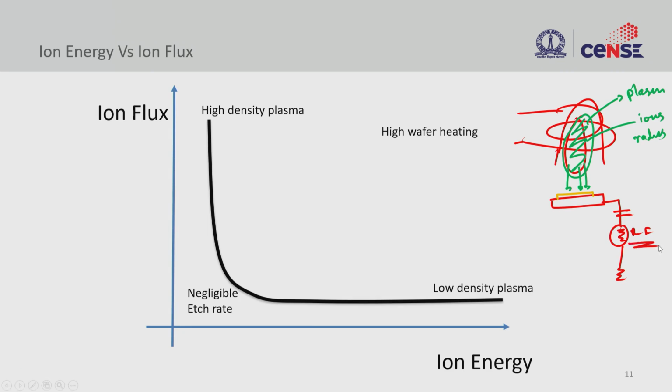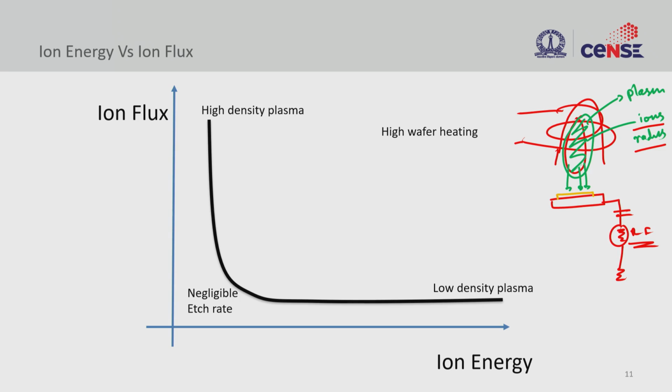This RF should generate that attractive force for these radicals to come in and the ions to come in as well. Radicals are neutrals, so you cannot affect them by applying a field, but the ions can be brought in by using an electric field. Let's look at how this ion flux and ion energy is affected.